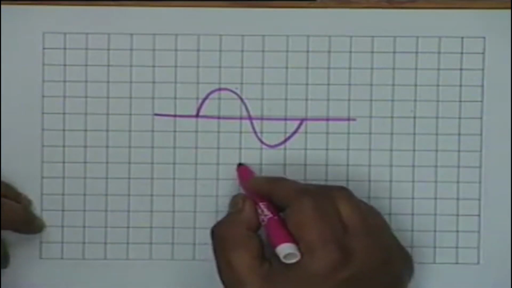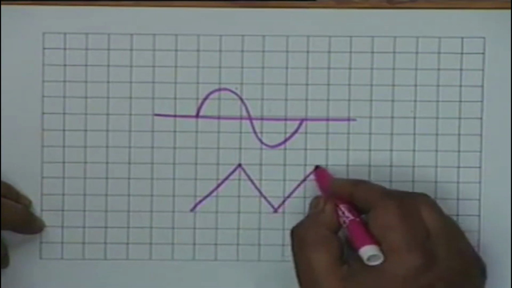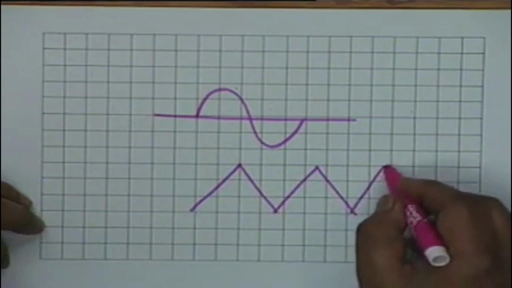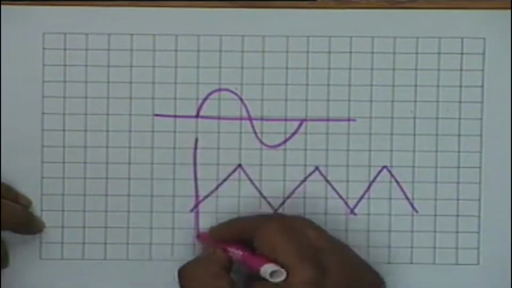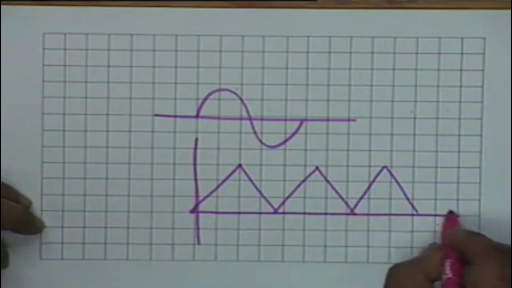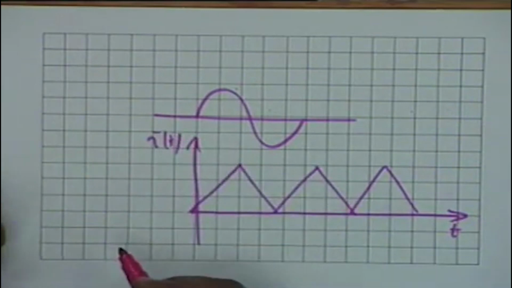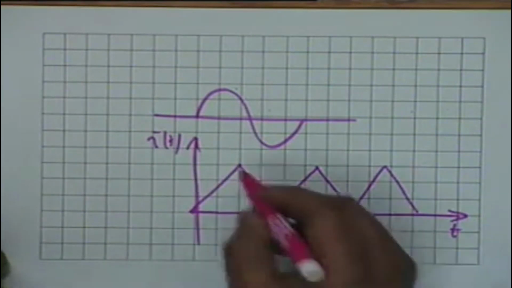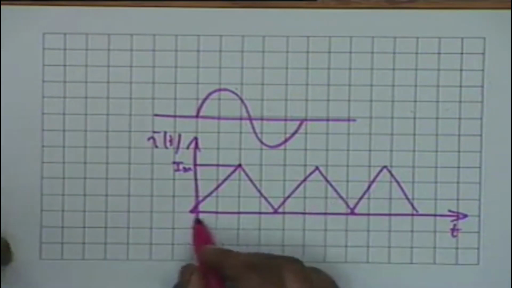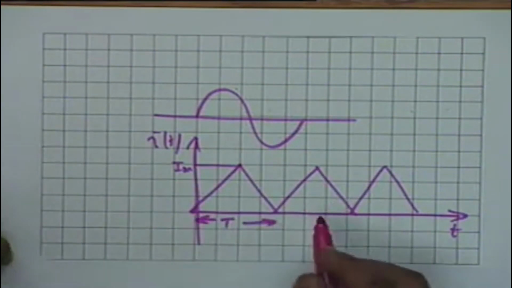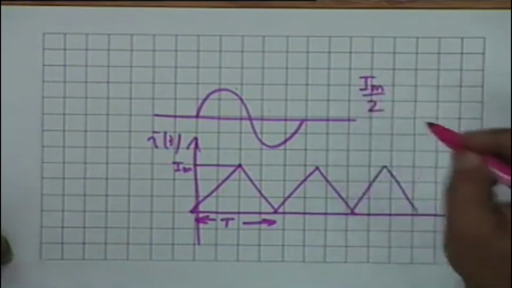However, if I take, let's say, a symmetrical triangular waveform like this, let's say this is 0, T, and let's say i of t. Alright, what is the average value? Suppose this is Im. Im by 2. This is the time period, and therefore the average value is Im by 2, half of the peak value.